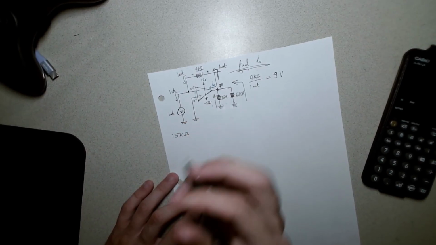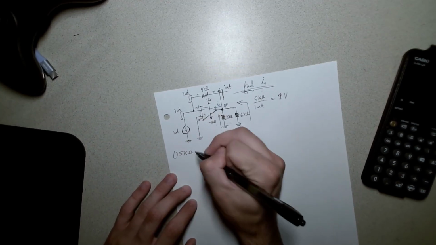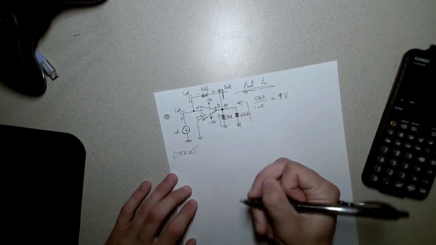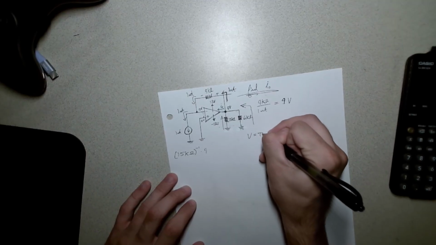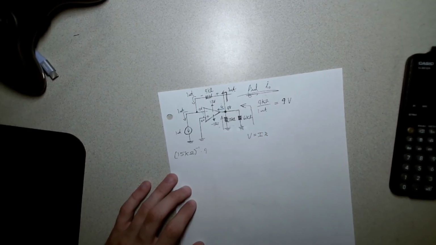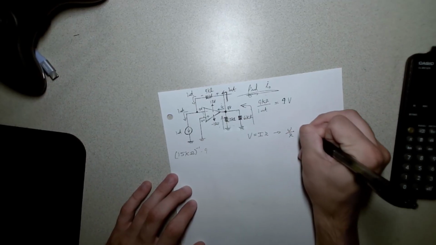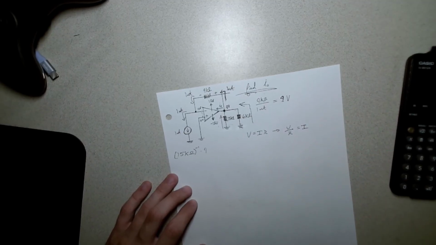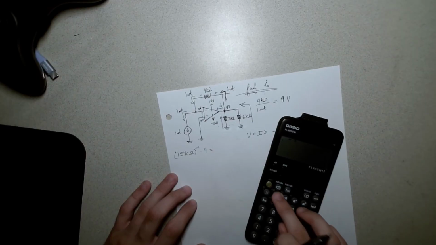So 15k ohms times, sorry, because let's remember Ohm's law, V is equal to I times R, and we're solving for current right now. Let's pull up my calculator real quick.